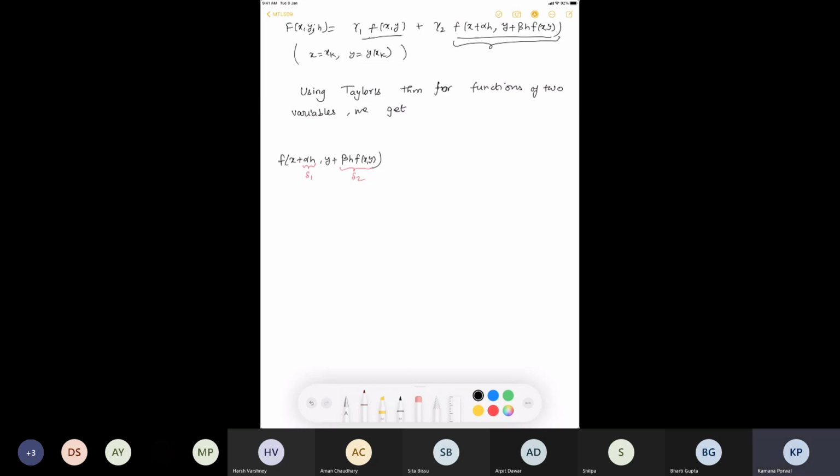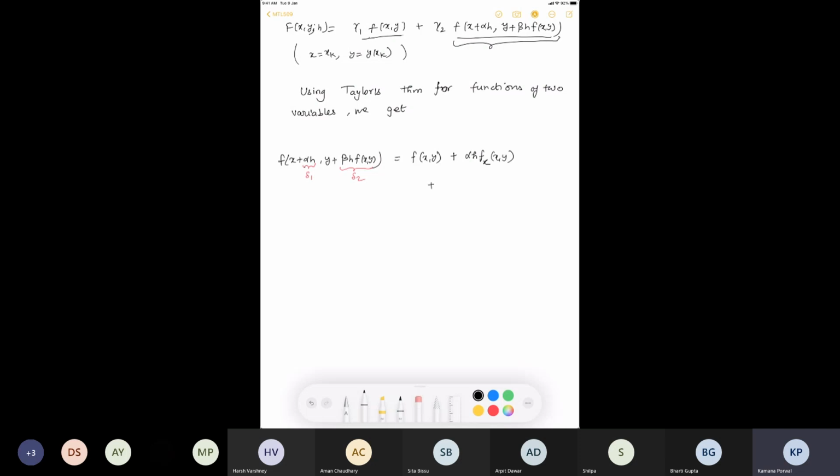So what is going to be the expansion? I'm going to expand it in the neighborhood of x, y. So we'll get f of x, y plus, the first term, the difference of x and x plus alpha h. So this is going to be alpha h, and the partial derivative of f with respect to x, and this will also be evaluated at x, y.